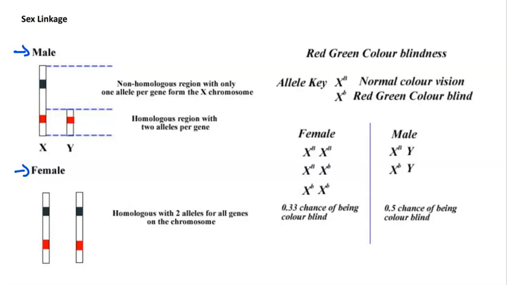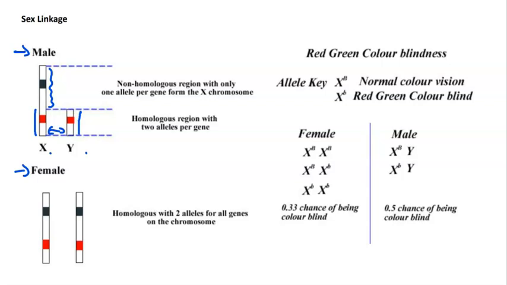Notice that where you have an XY chromosome, this region here on the X chromosome has a homologous section on the Y chromosome, and therefore we could predict that for any genes in these locations, they would have two alleles. However, for genes encoded on this upper section, what we will call the non-homologous region, males will only have one gene, one allele for each gene.